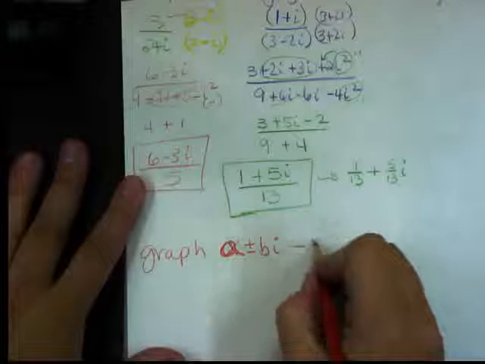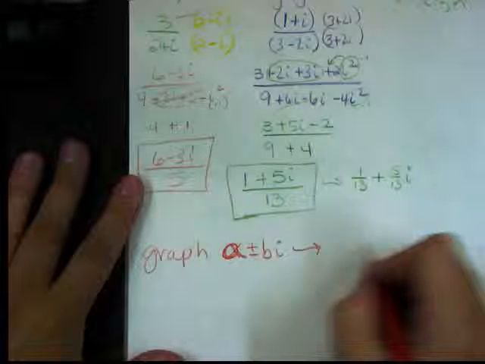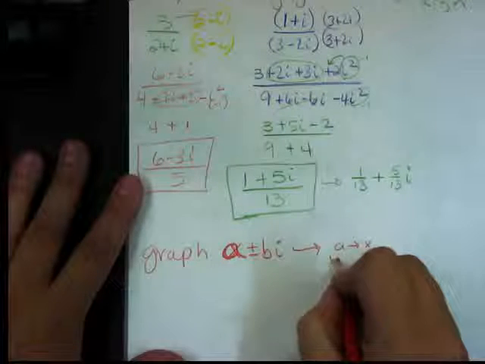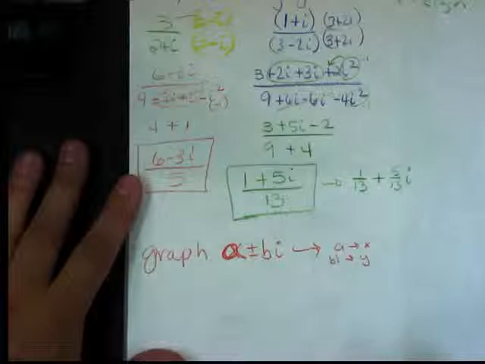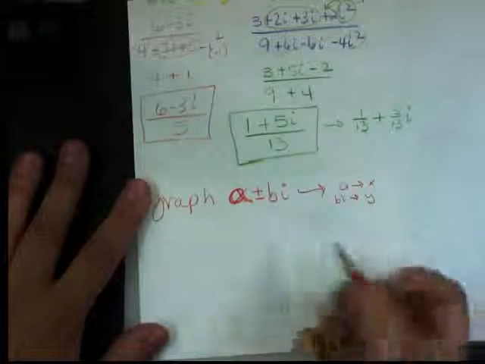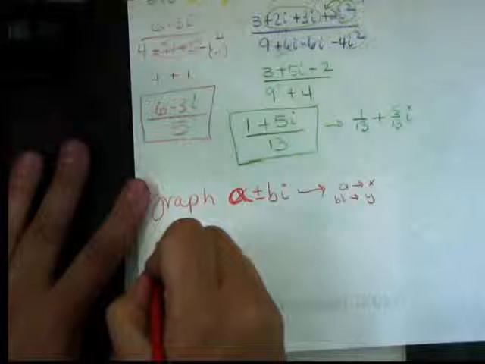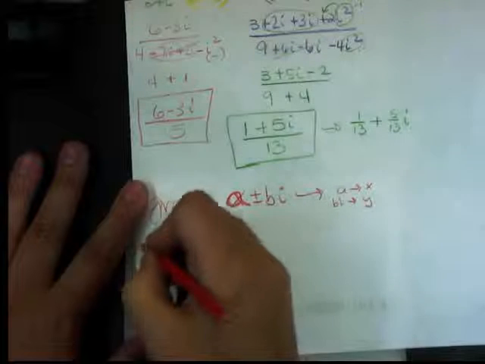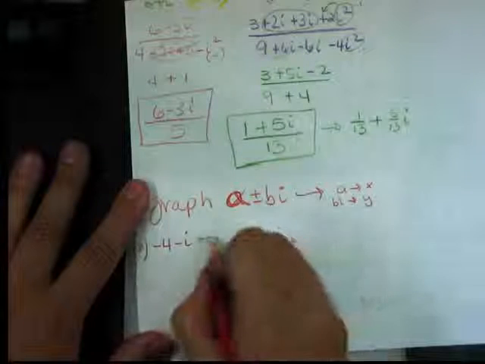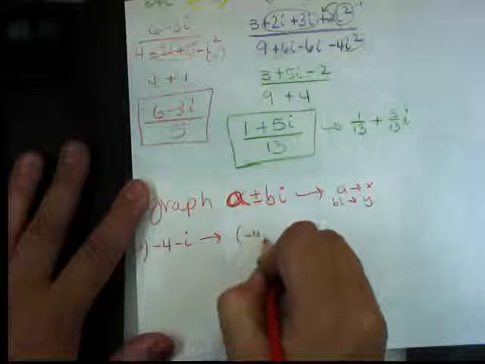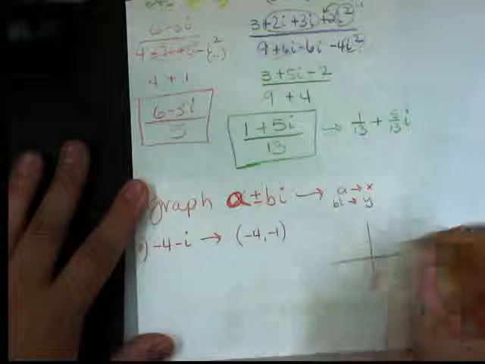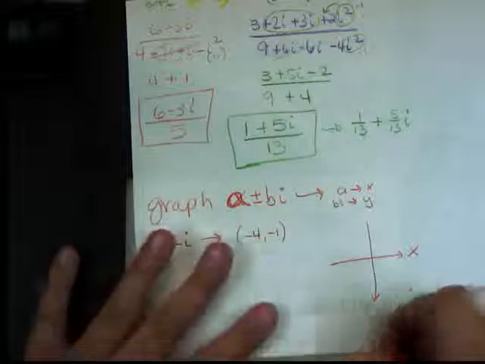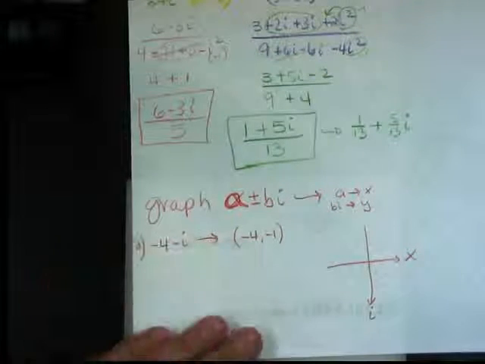All we do is we associate A is to X and BI is to Y. So if I gave you the complex of -4 minus I, and I said graph that, you would go, it's -4, -1, where this is the x-axis, and this is actually the imaginary axis.